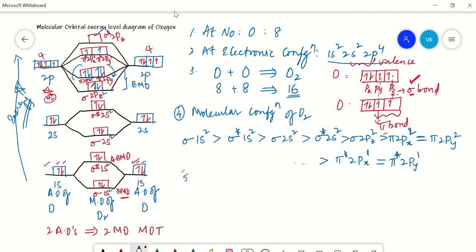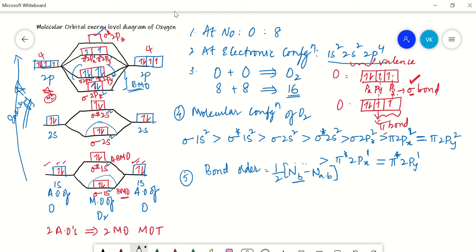Then the fifth important point that we need to write about here is the bond order. What is bond order? As I said, this is half the difference between the number of bonding electrons and anti-bonding electrons. Bonding electrons are the electrons present in bonding molecular orbitals, like this bonding molecular orbital, this one, and all these are bonding molecular orbitals.